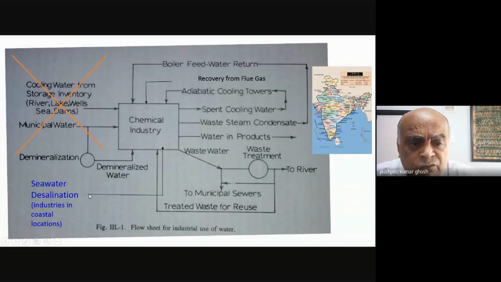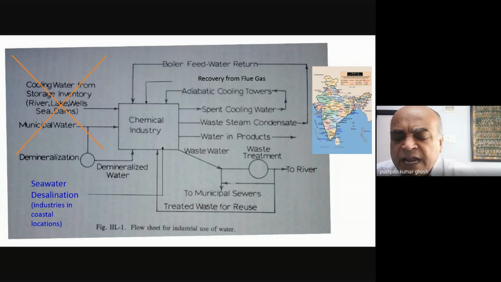So you might as well cross this out and make this your source of water. In India, it makes a lot of sense because we've got such a long coastline. Look at our coastline. And so many companies have been set up along the coast or near the coast. So it's not something impossible that you will do seawater desalination and meet your water requirement. It's already happening, and I can tell you it is going to happen more and more.